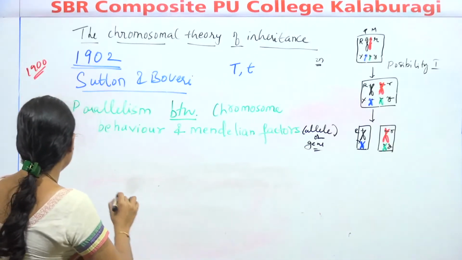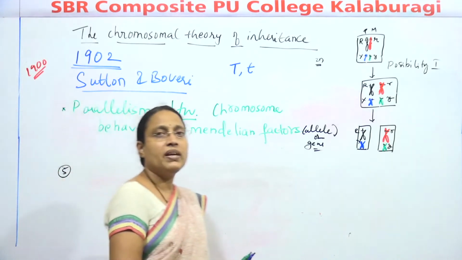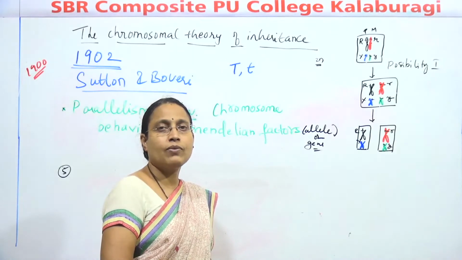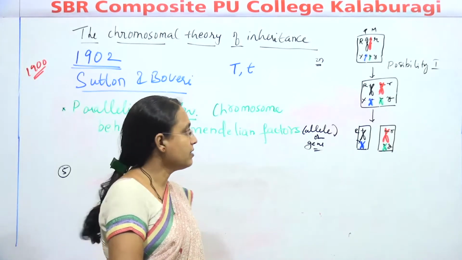So that is the fifth similarity between the Mendelian factors as well as the chromosomes, as explained in the chromosomal theory of inheritance.